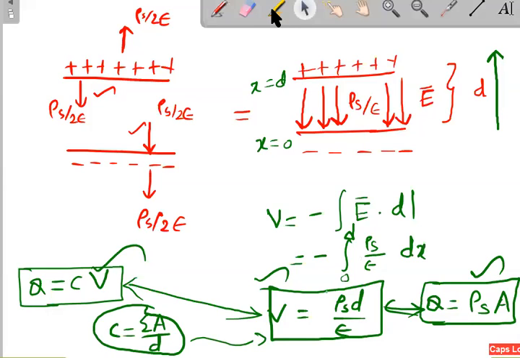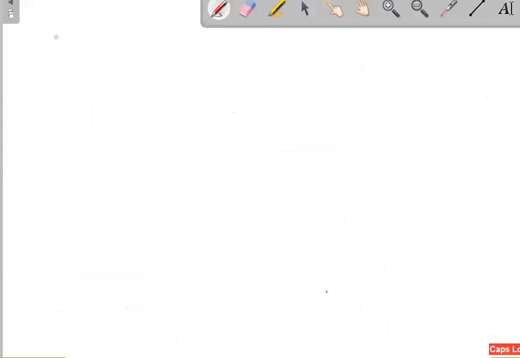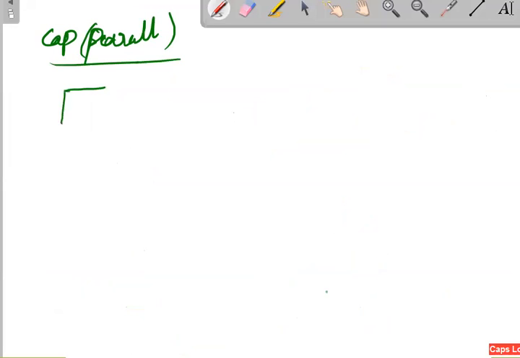And quickly we will see in a series combination what is the value, in parallel combination what is the value. Capacitor series and parallel. Anyway, that is very simple. First, capacitor parallel combination. If more than one capacitor are connected in parallel, say this is C1 and this is C2, then what is the effective capacitance?